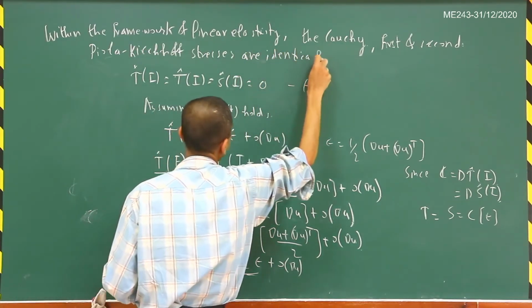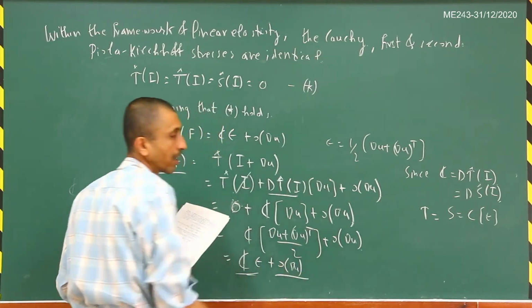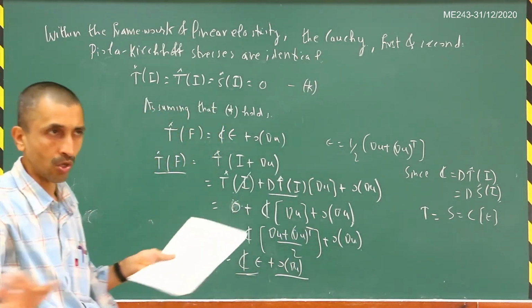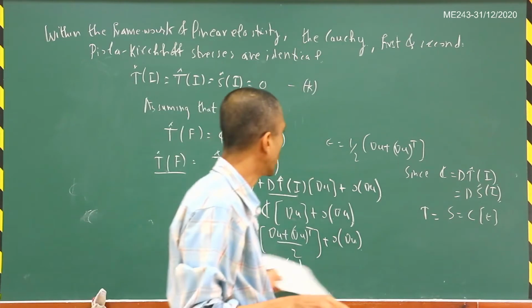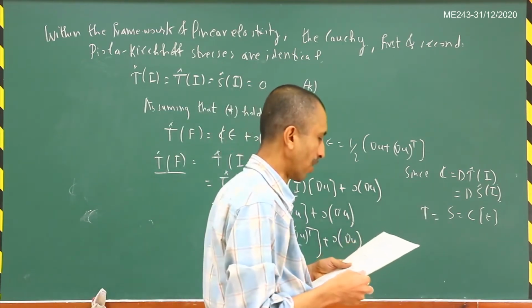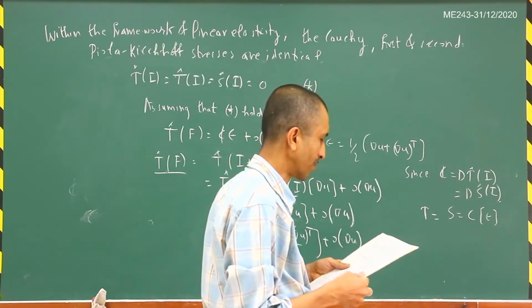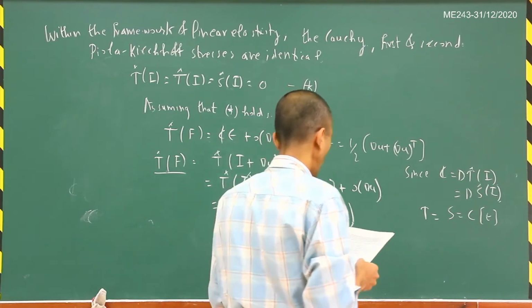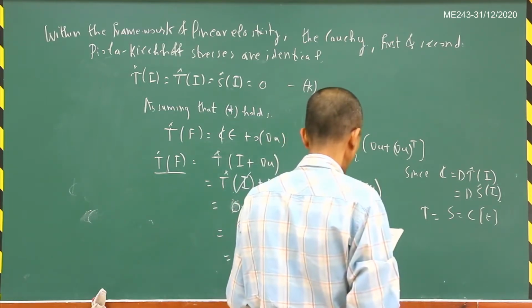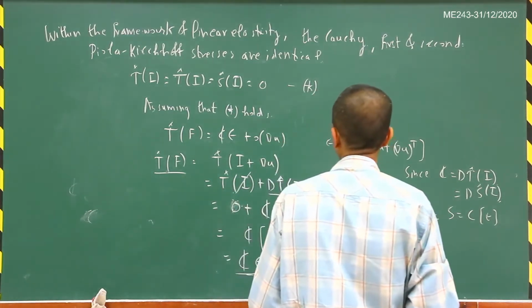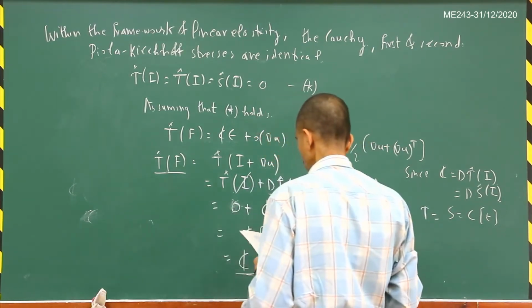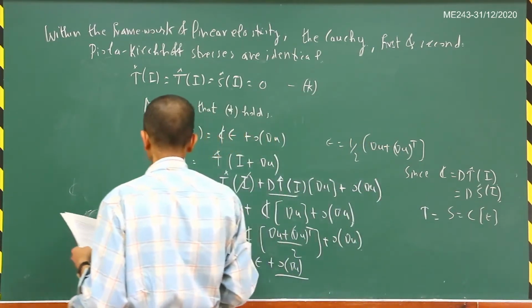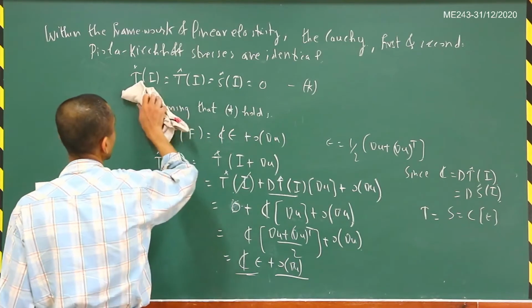That is because we will ignore this particular order term, and so all of them, t, tau, s, will all give c of epsilon. Okay, and fine. So let us now write the equations of linear elasticity.